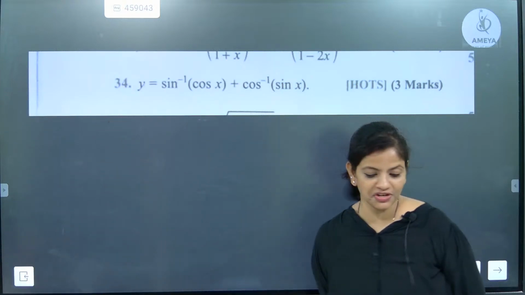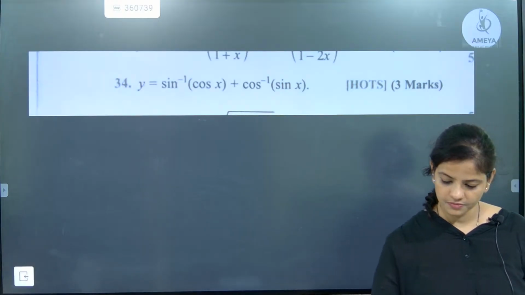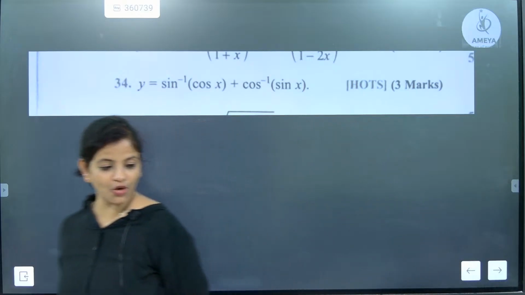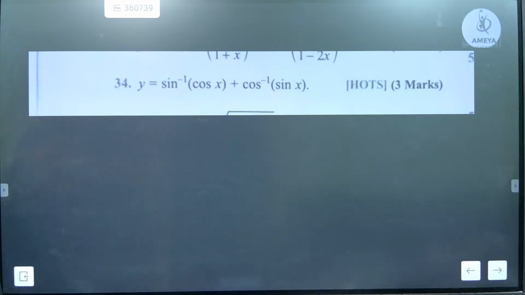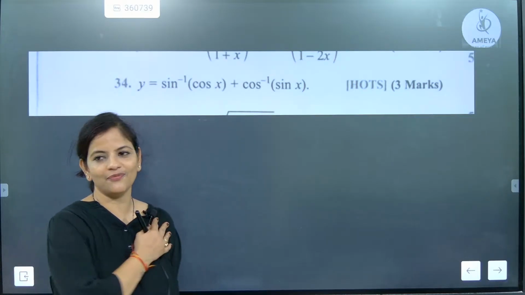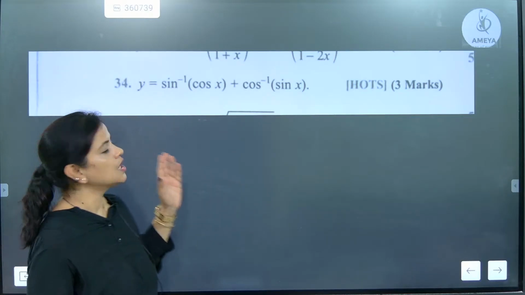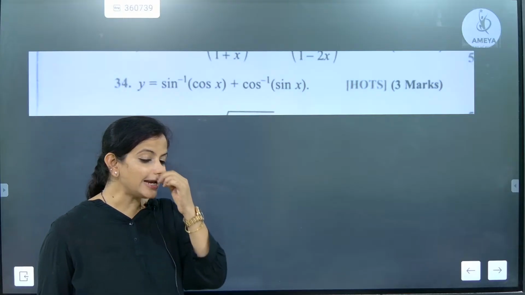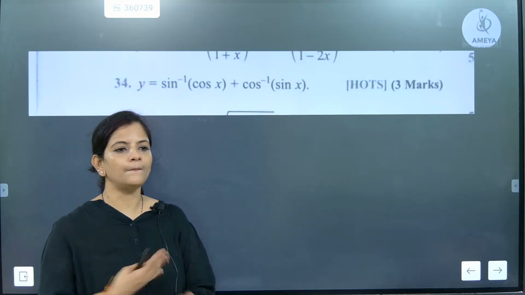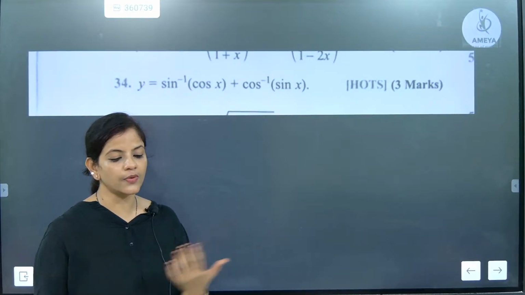Very tough question. Very, very tough question. This is the toughest question of today. Excuse me, this is the toughest question of today. I am very scared of this question. Hey, intelligent idiots, you know one thing. Sin inverse cos, cos and sin are complementary. Understood? Apply your brain and think how to solve the question.